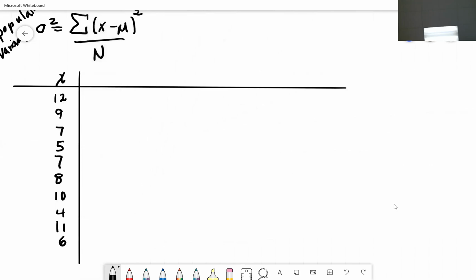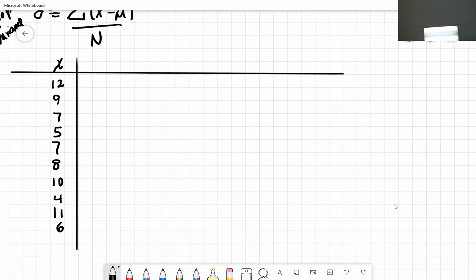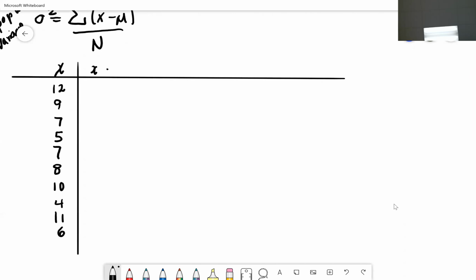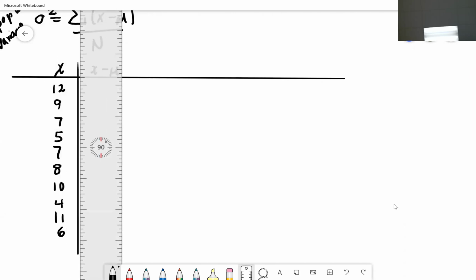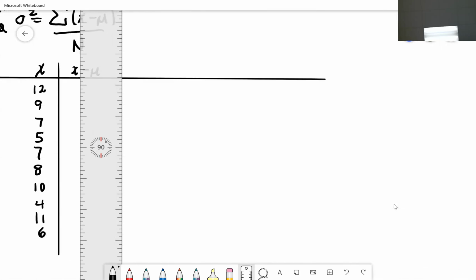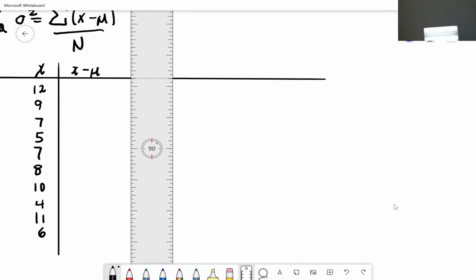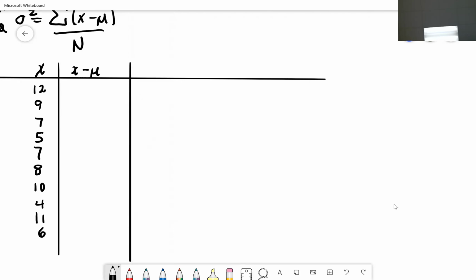The next step you're supposed to do is find your x minus your mean. These are our deviations. Let me give myself some space here. So you're supposed to take 12 and subtract, what was the mean? 7.9.